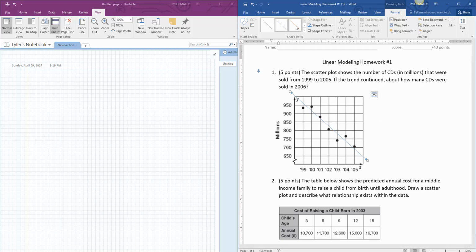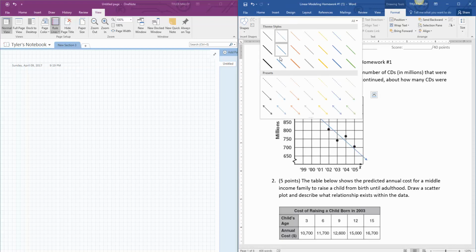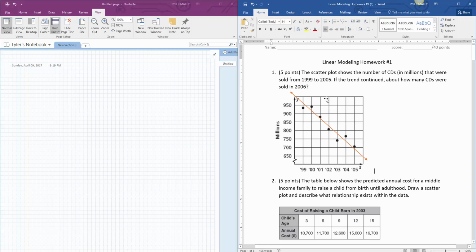Right, so maybe something like this line seems to fit my data pretty well. Then we're using this to estimate for the point 2006, and it looks like it hits right about 650.